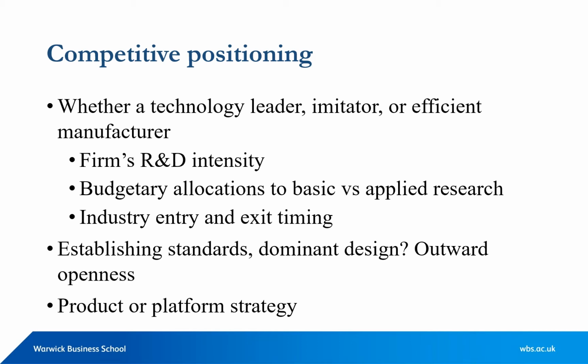Their R&D intensity is relatively lower than the technology leaders. A firm that positions itself as an efficient manufacturer may conduct very little R&D and may invest in process innovation and manufacturing technologies. So competitive positioning of a firm determines its R&D intensity, budgetary allocations to basic research and product development, openness, and IP strategies.